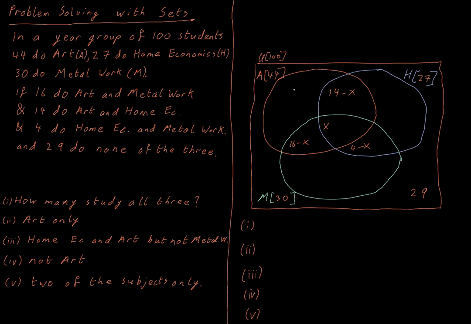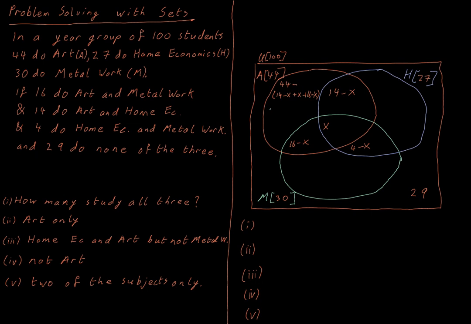Now let's fill in the remaining pieces of information. So how many people only study art? They don't study either of the other 2. Well, I know that there's 44 people in total in this group, but I've removed this amount, and this amount, and this amount. So that would be minus all of these 3. So minus 14 minus x plus 16 minus x.